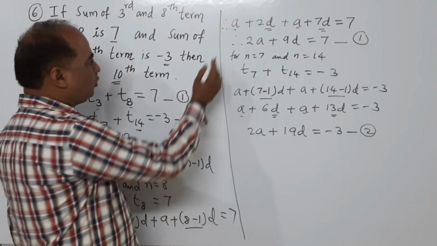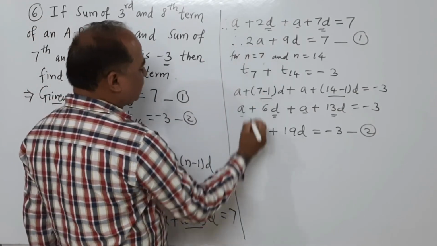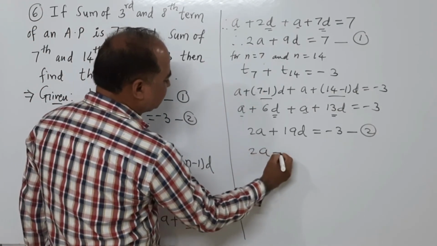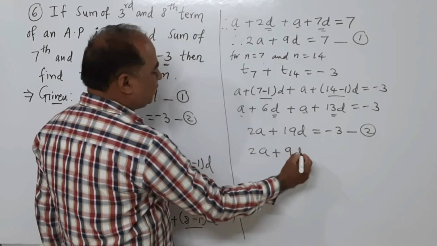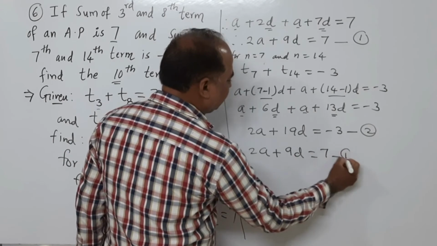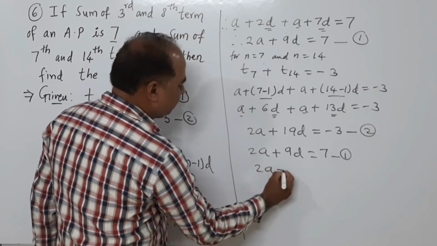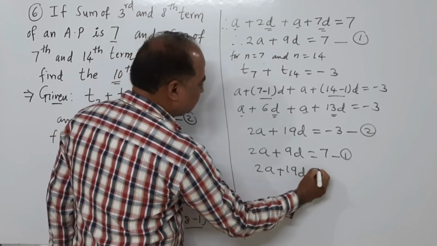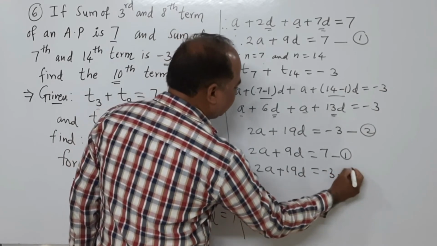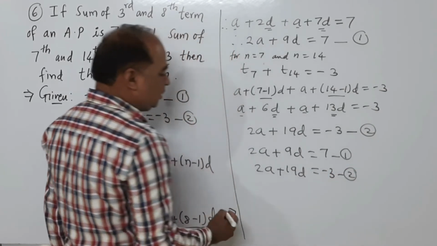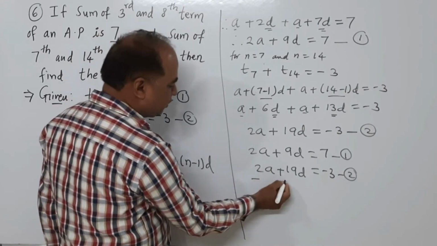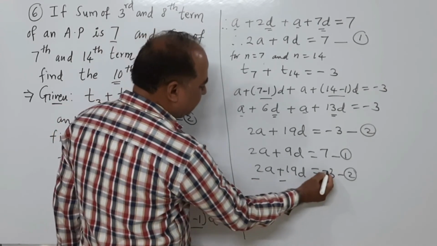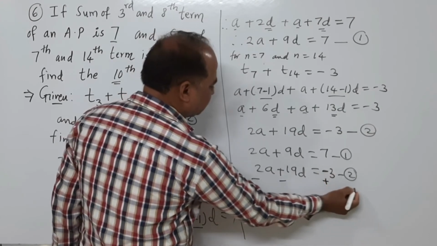Now we will take both the equations together, equation 1 and equation 2, and solve them simultaneously. So 2a plus 9d is equal to 7, equation number 1, and 2a plus 19d is equal to minus 3, which is equation number 2. Now subtracting the second equation from the first, changing the sign of the second equation, minus 2a minus 19d, and here minus 3 will become plus 3.